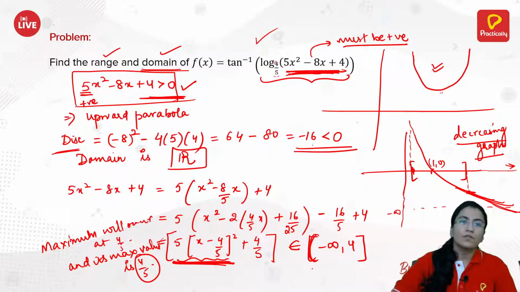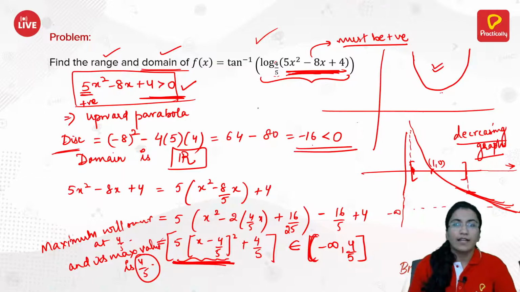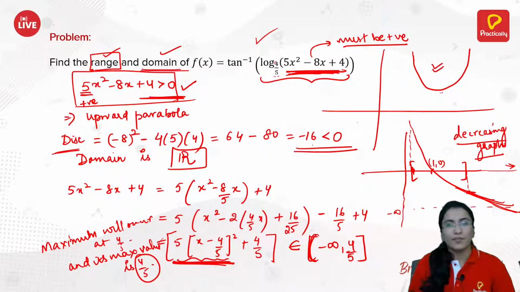Now you just need to see that for tan inverse x, if you supply the value to the tan inverse x as log base 4 by 5 of minus infinity to 4 by 5, you need to see what would be the range. This is your task. Now you can see this easily.